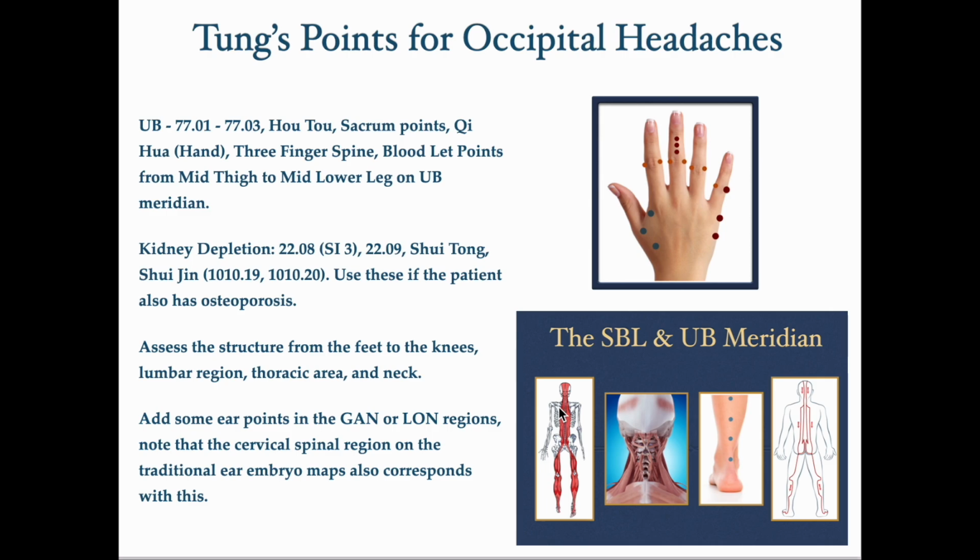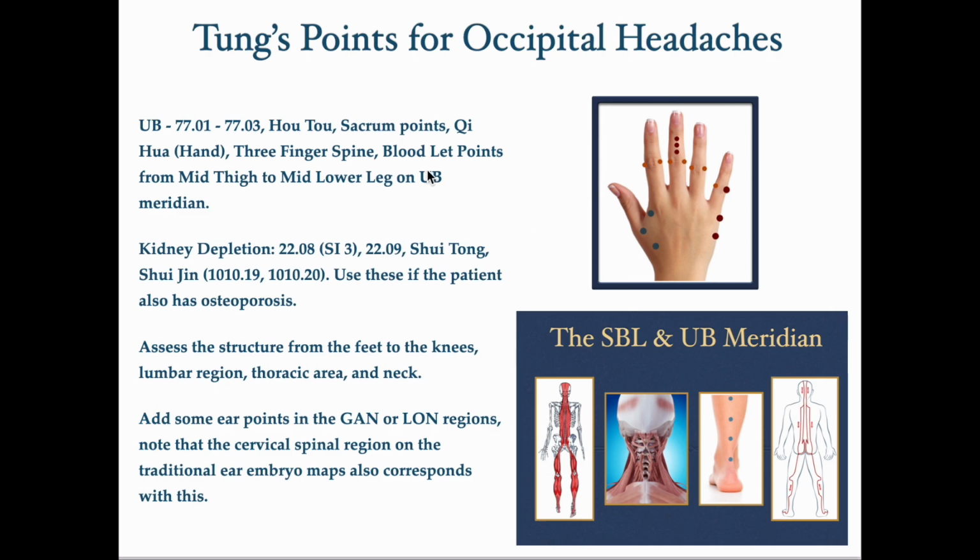But I do find that I can use those for some patterns of occipital headaches. And I do often like to combine those 7 tigers with these. Now, what's similar between these Achilles tendon points and the 7 tigers is that they're both on the superficial back line and they're both distally located, okay?